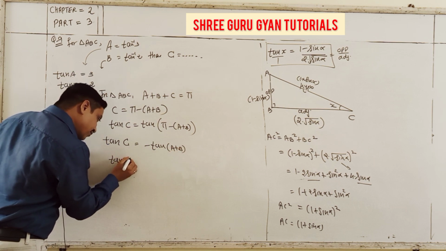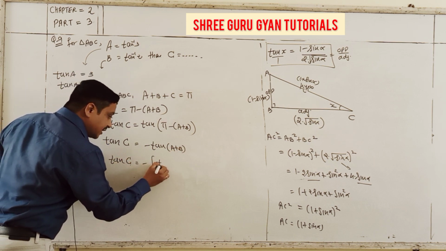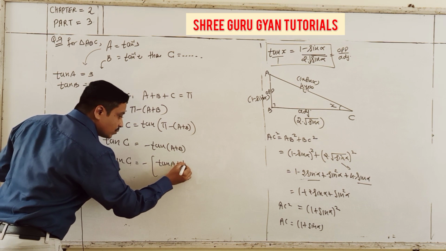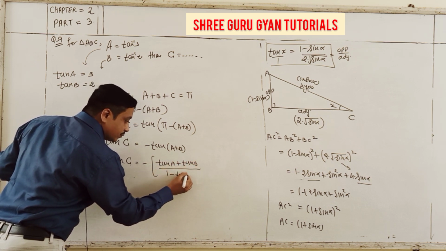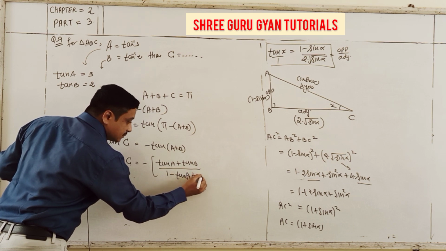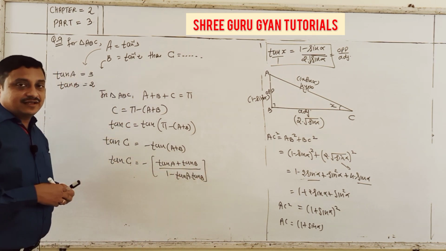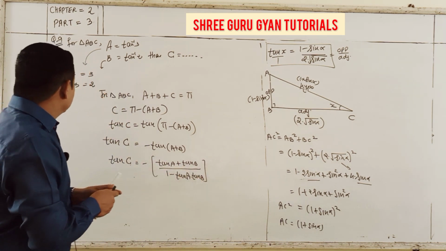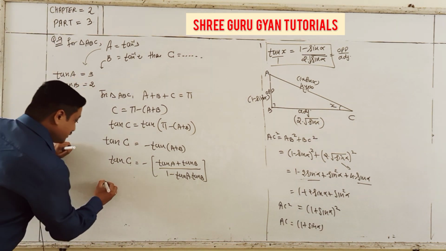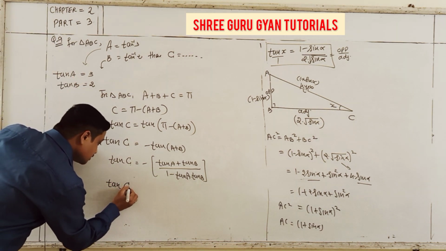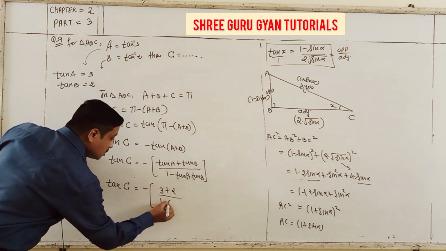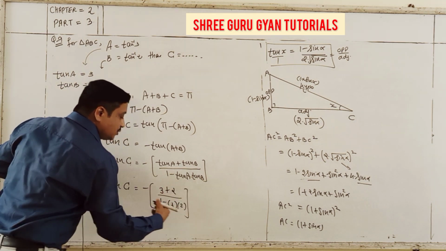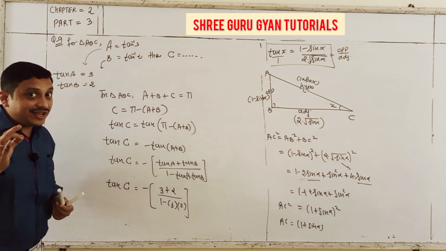Now fulfill your final formula, tan A plus tan B upon 1 minus tan A tan B. Now apply values. Tan A is known, 3, tan B also known, 2. So your value is 3 plus 2 over 1 minus 3 into 2, and decide the final value.